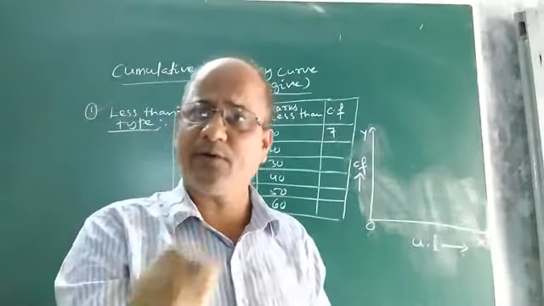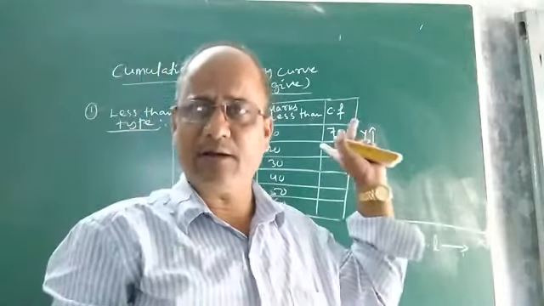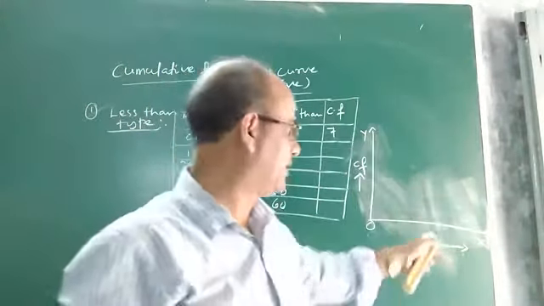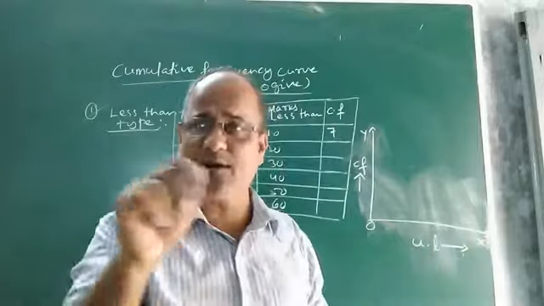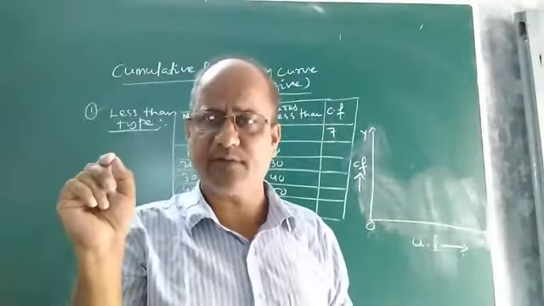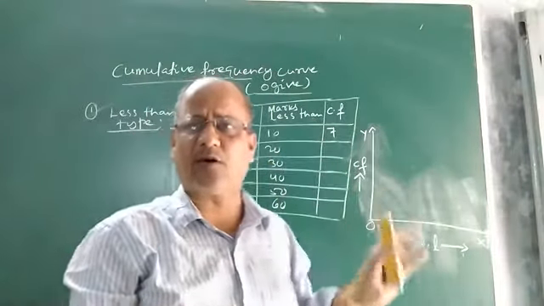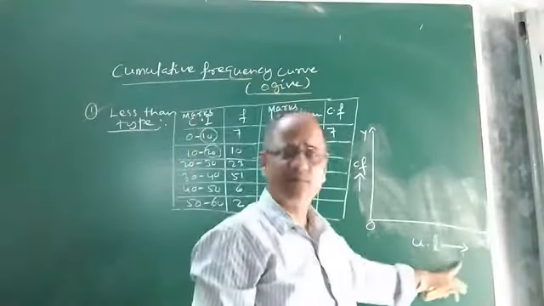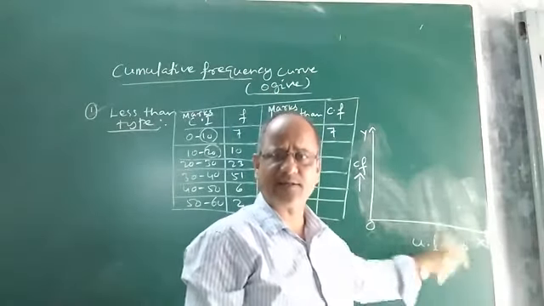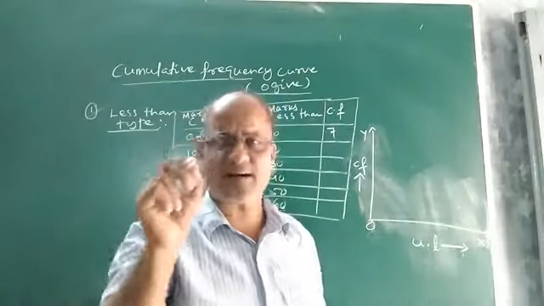If you plot the graph between class interval and frequency, it becomes a frequency polygon. But if you plot the graph between class limits and the corresponding cumulative frequency, it will become a cumulative frequency curve or ogive. So, in order to draw it, we take the class limits along the x-axis and their corresponding cumulative frequencies along the y-axis. Then we get some points.